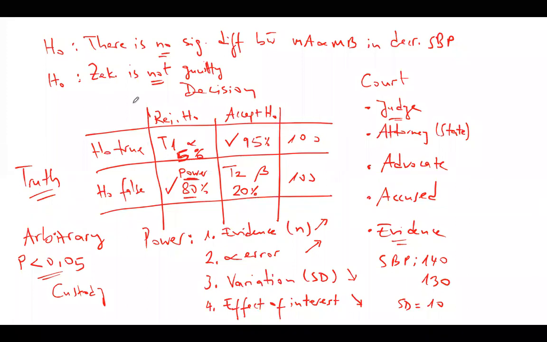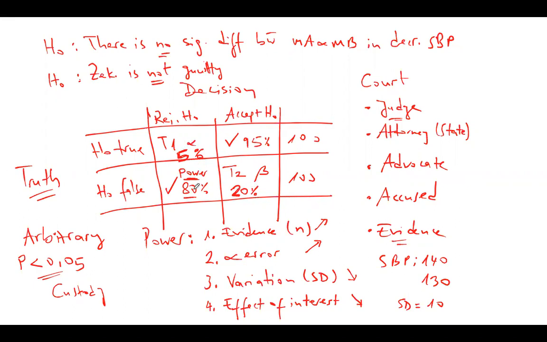In any statistical analysis, there is a possibility to make two types of errors, either type 1 or type 2. The type 1 we call the alpha error, type 2 we call the beta error. It is generally accepted that the alpha error can be maximum 5% and the beta error can be maximum 20%.